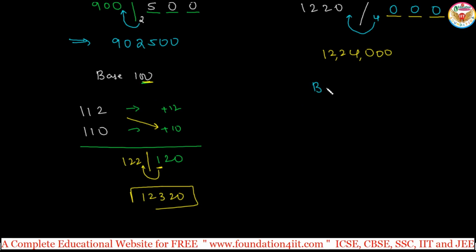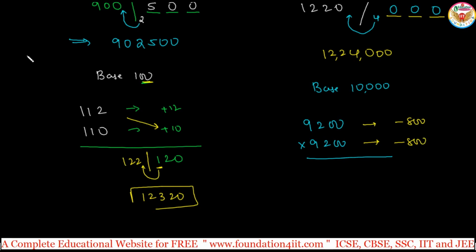Even with some bigger number, like base with 4 zeros, that means 10,000. The base is 10,000. Now the question is 9,200 times the same 9,200. In this example, this is 800 less than 10,000.